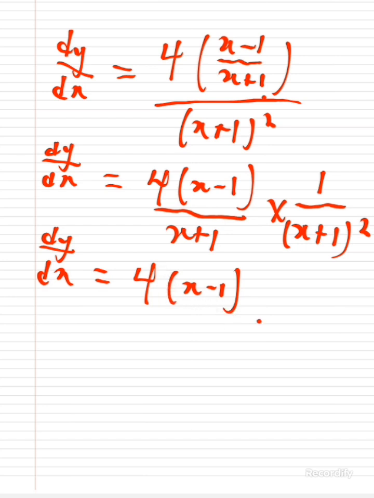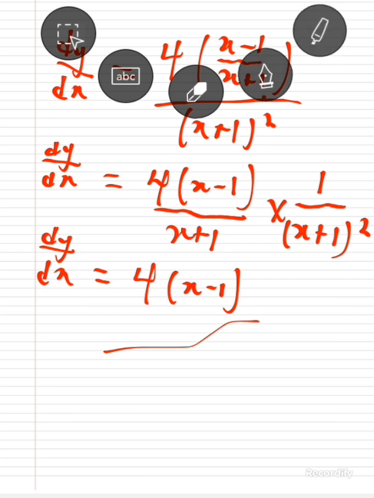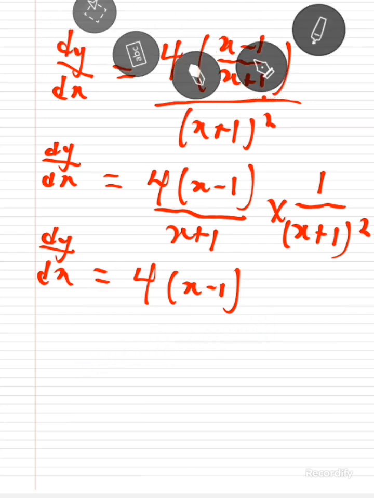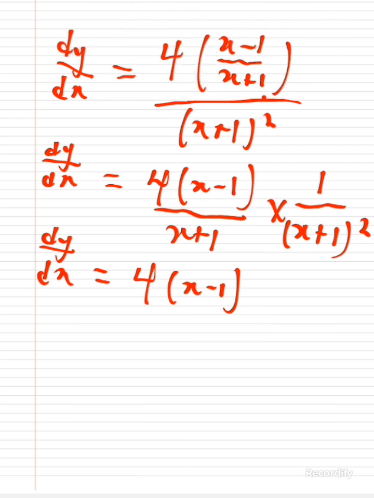Okay, so this is divided by, alright, so we are going to have this all over x plus 1 multiplied by x plus 1 all squared will give us x plus 1 cubed. So I'm having x plus 1 cubed. And you can leave your answer like this and leave it here.